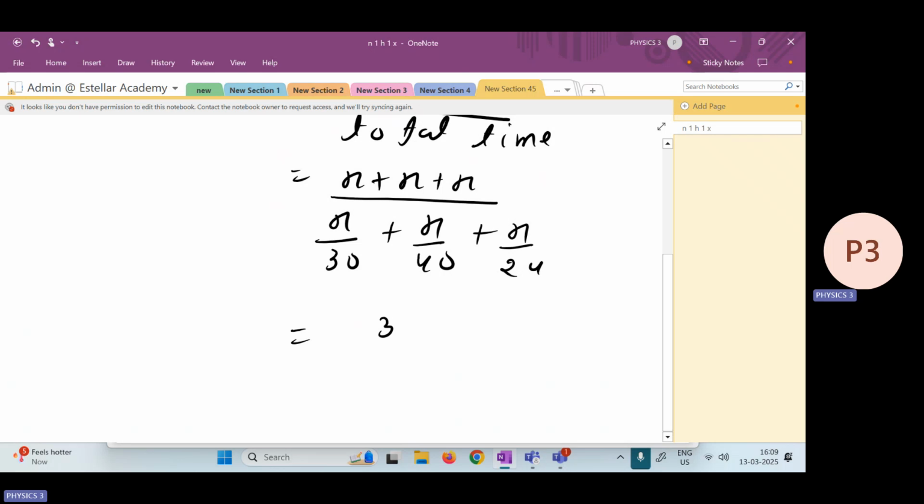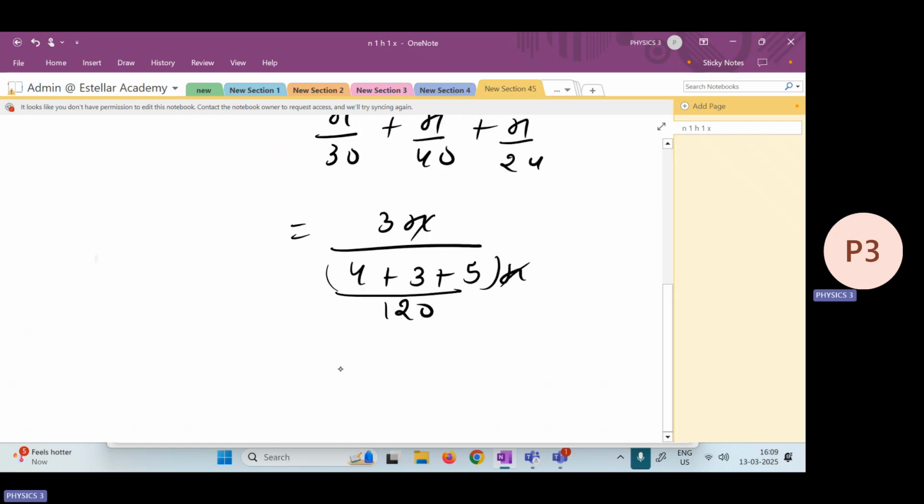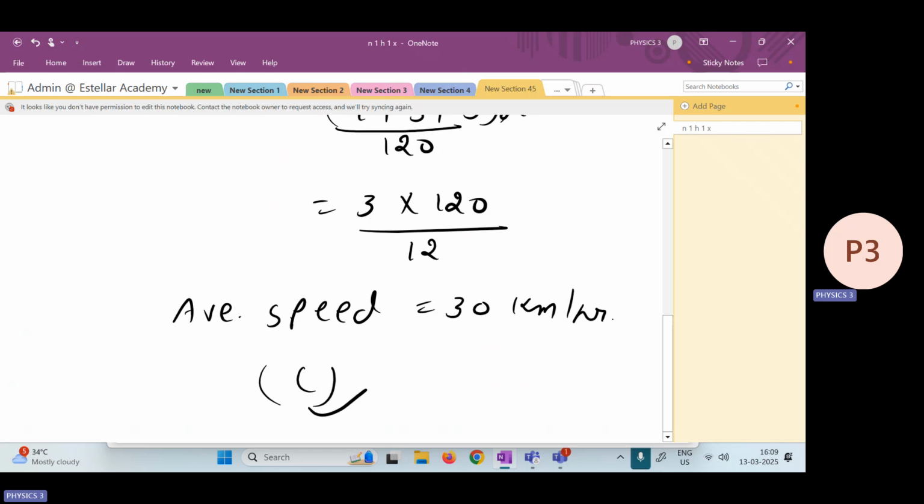That comes out to be 3x upon the LCM of 30, 40 and 24, which is 120, so 4 plus 3 plus 5, into x. So x gets cancelled out. It would be 3 into 120 upon 12. So the average speed comes out to be 30 kilometers per hour. So option C would be correct in this case. Let's go for the 40th question.